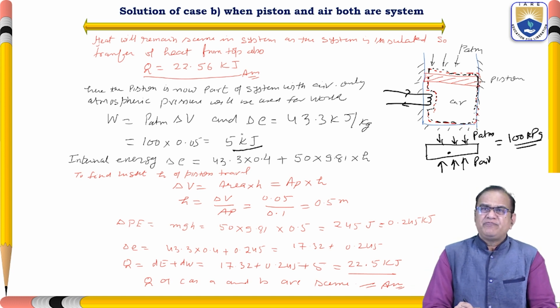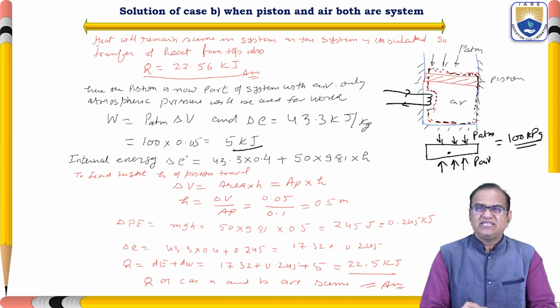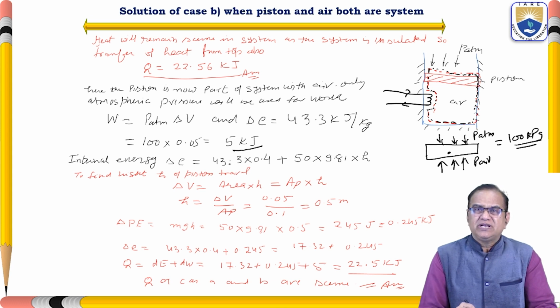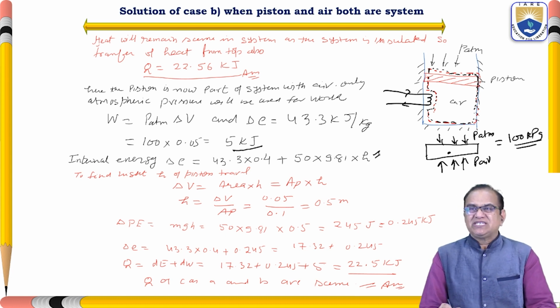So we got the 5 kilojoule. Now internal energy delta E is equal to M into U, 43.3 into 0.4 plus 5 into 9.81 into H. If you know this H means how much it has traveled.